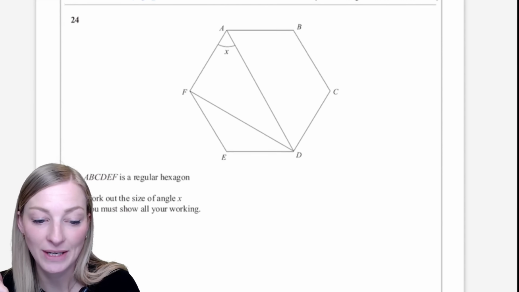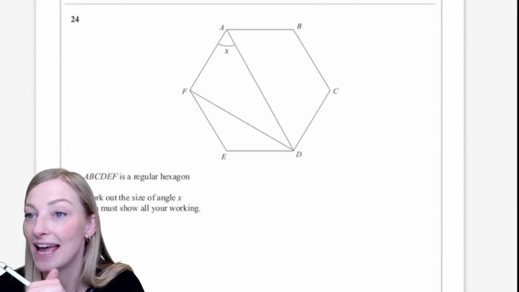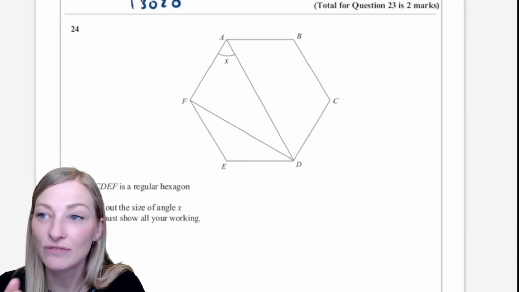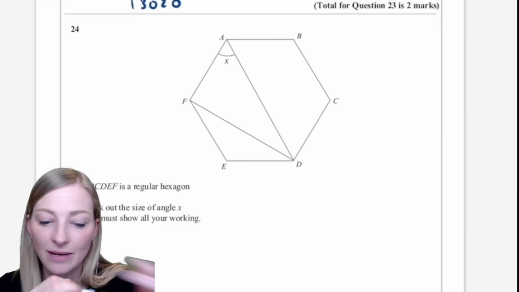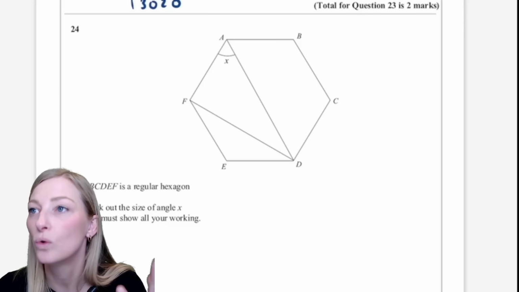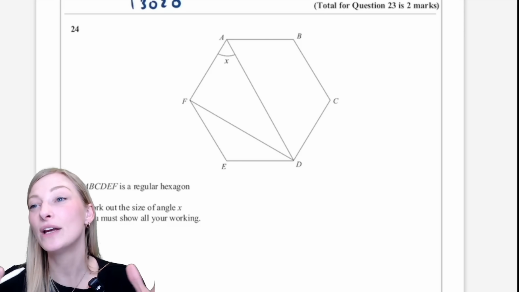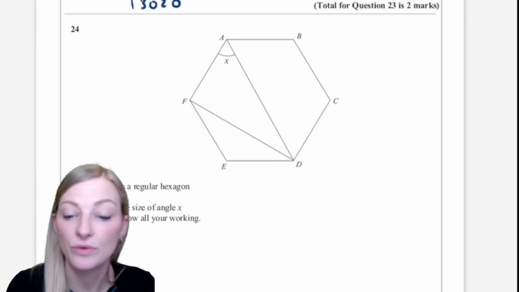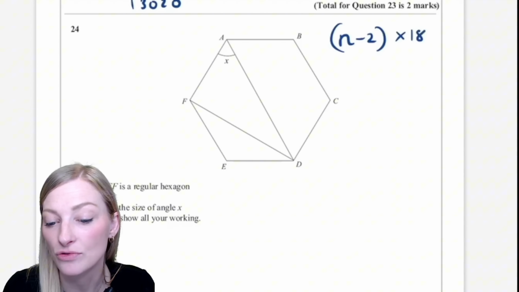Question number 24. A, B, C, D, E, F is a regular hexagon. Work out the size of angle X. If it is a regular hexagon, then we know that all of the angles inside the shape, not the ones that have been chopped up, but all of the angles like these ones are going to be the same. And we know to get the total number of degrees inside a polygon, we do the number of sides, take away 2, multiplied by 180.